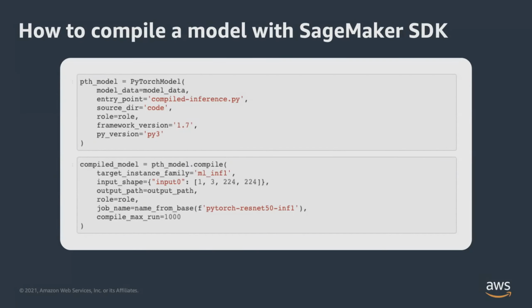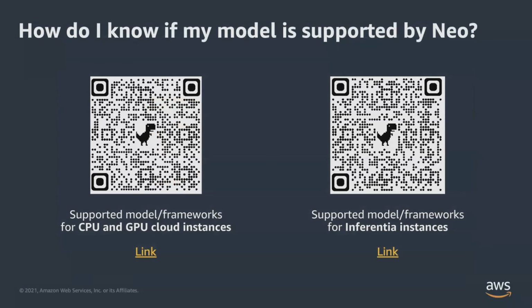Now I want to share 2 QR codes in case you would like to start to work with Neo, but you already start to think about which version of your framework you work with, and whether that supports the CPU or GPU instances that you want to deploy to, and what the Inferentia instance types are, and what the support is for each of them.